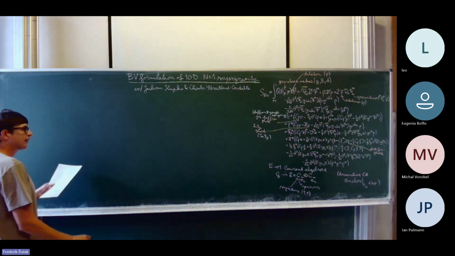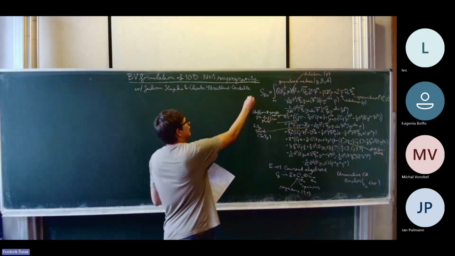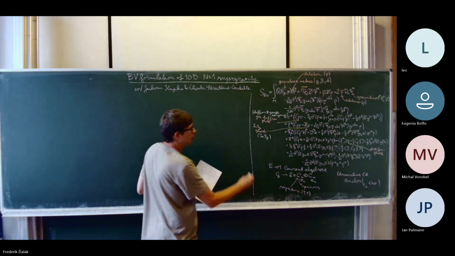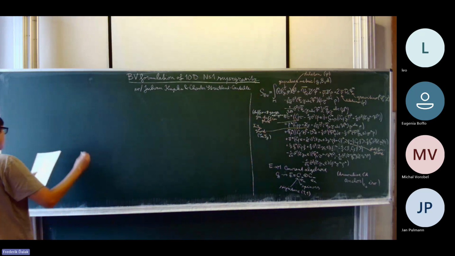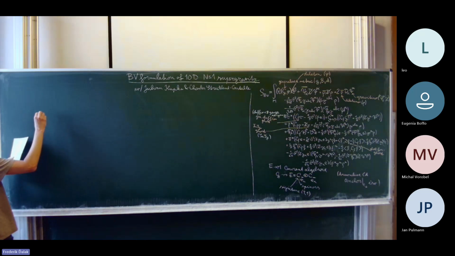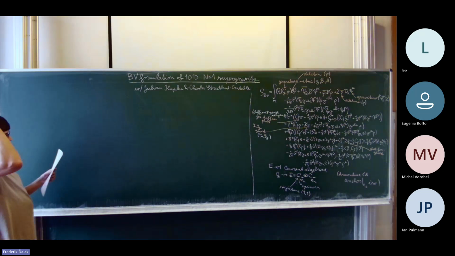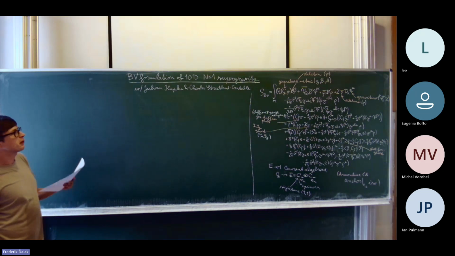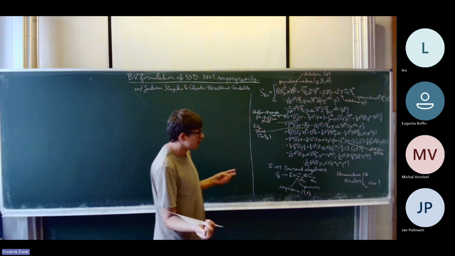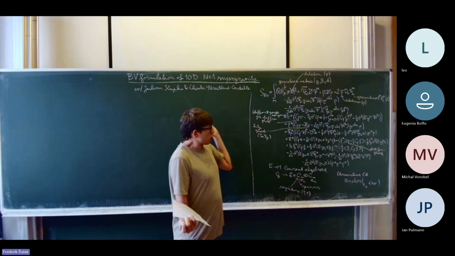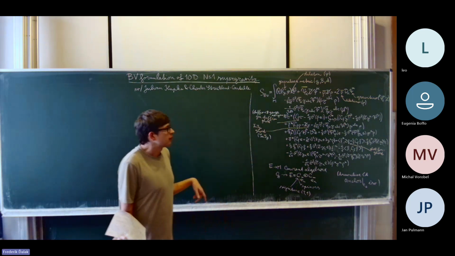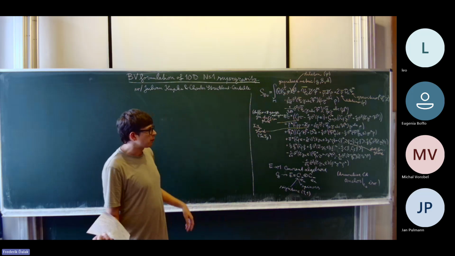Okay, so this is that. I will keep it throughout the talk as we will understand more and more of the structure of that. But let me now say, maybe some self-advertisement. I should say that this is the first time, as far as I'm aware, that the BV formulation of a higher dimensional supergravity has been achieved in a background independent way.